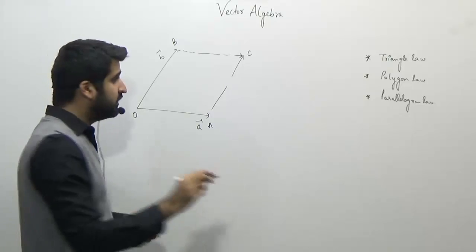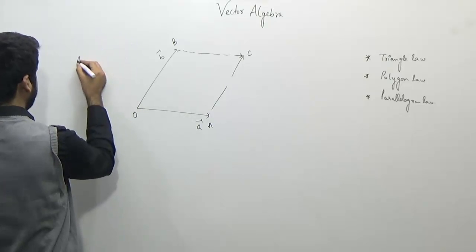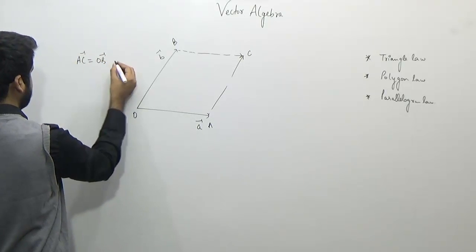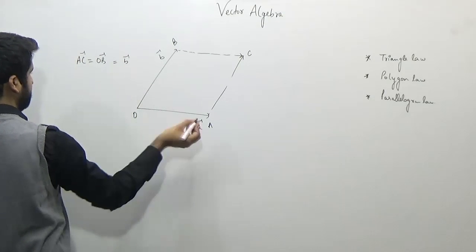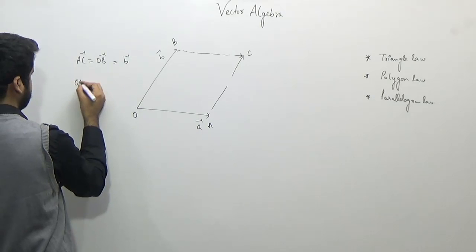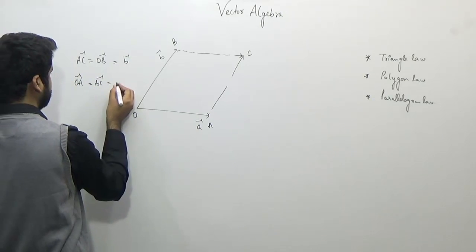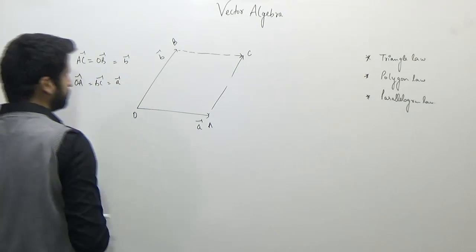This is clear to everyone? Now see, in this case, AC vector is equal to OB vector is equal to B vector. Similarly, OA vector is equal to BC vector is equal to A vector.